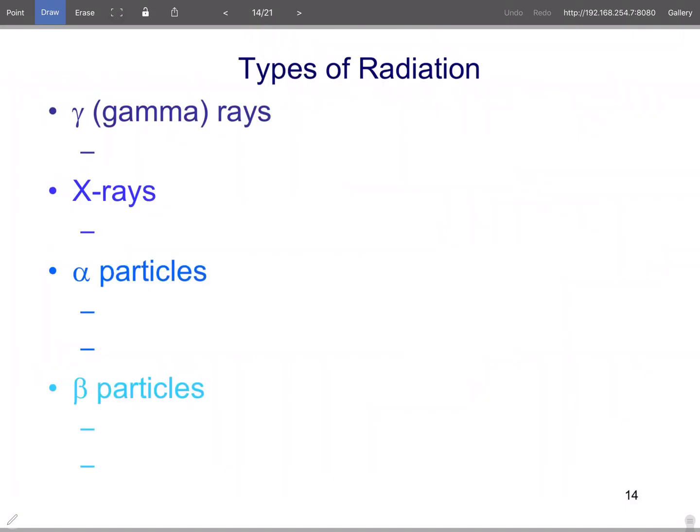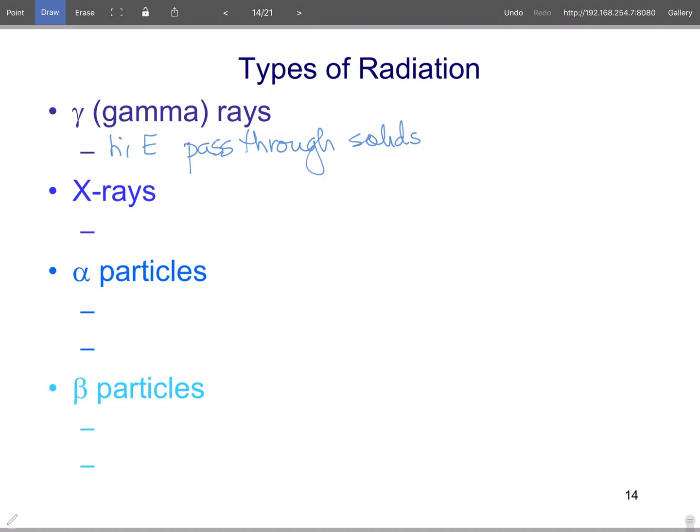The types of radiation are simple. You have gamma rays. These are high energy rays, and they will pass through solids. I always tell people that the Japanese are studying these by digging underground, and they have these vats of substances to capture the gamma rays once they come through.